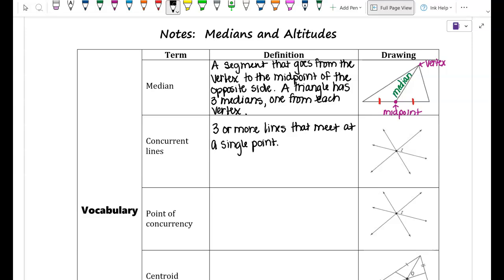The diagram to the right just shows three lines meeting at point Z, so we would say that those are concurrent lines.